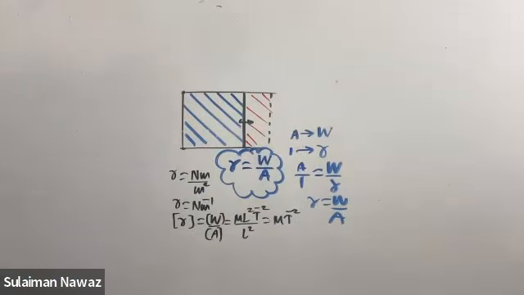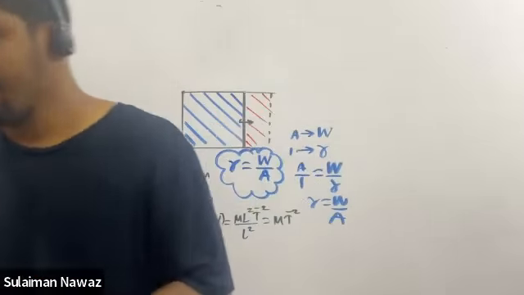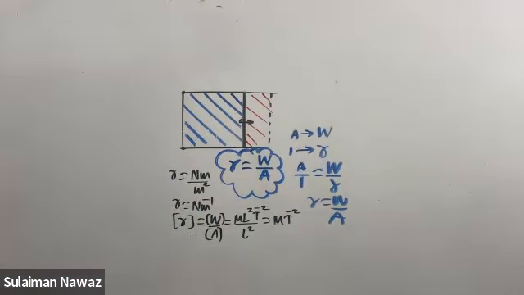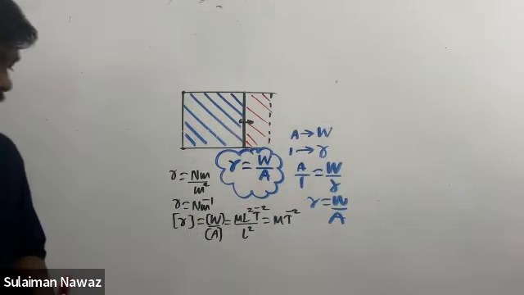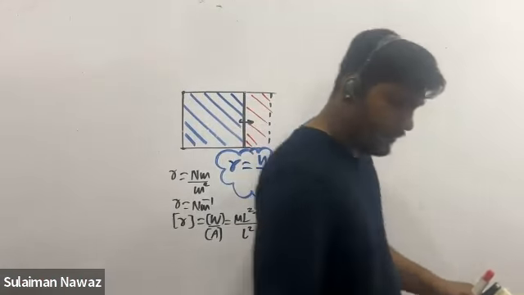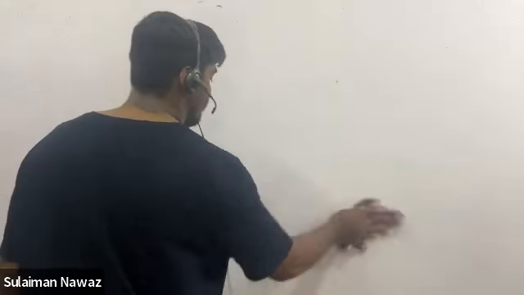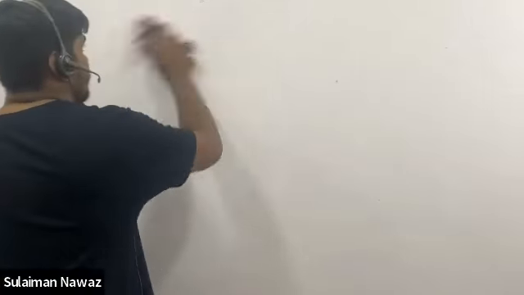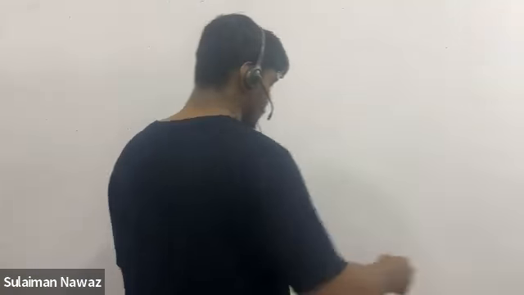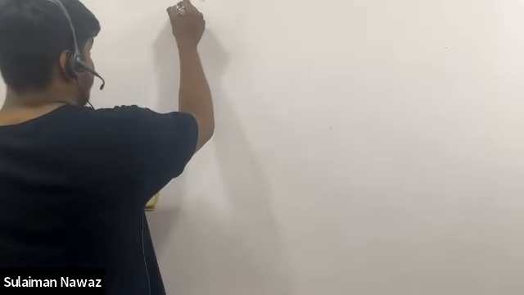Now draw this diagram with me. I'm going to prove that capital T equals gamma.